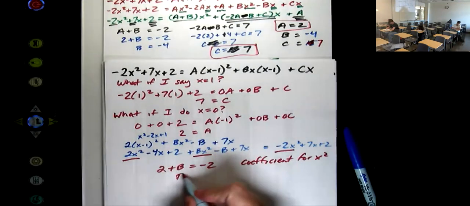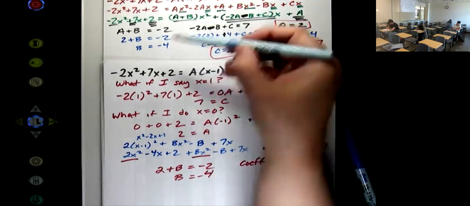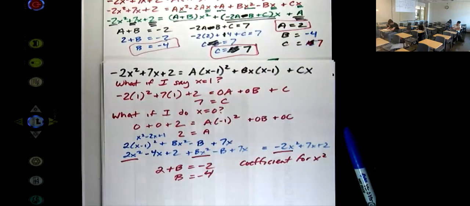And I solve and I get b equals -4, like we had up here. So if you like doing the system of equations, you can still do that. Or you can plug stuff in and it kind of cancels stuff out as you're going.